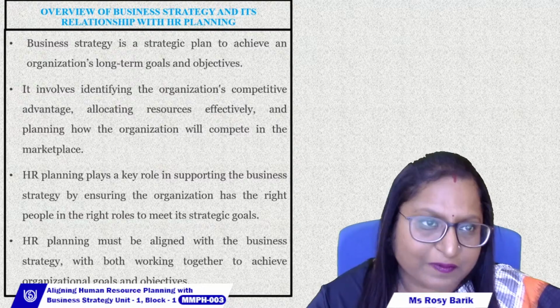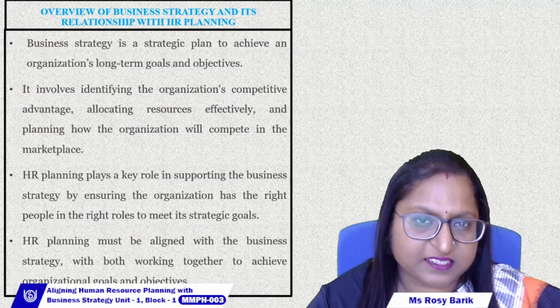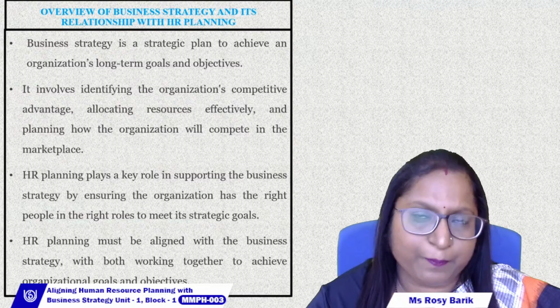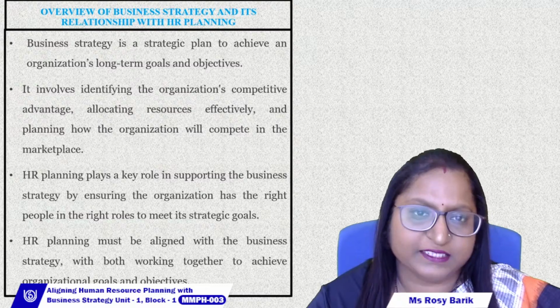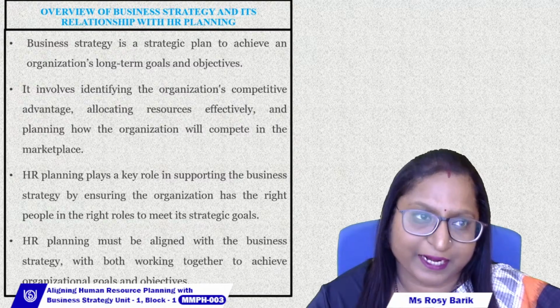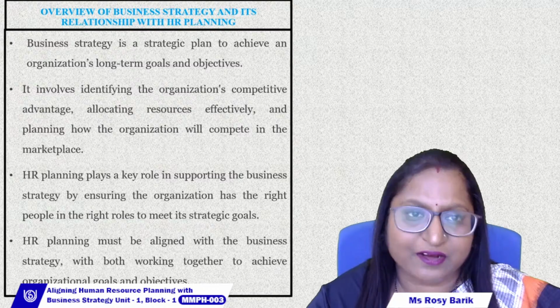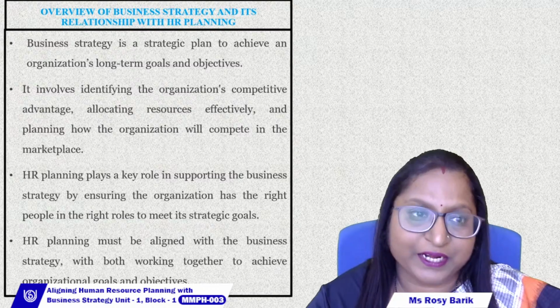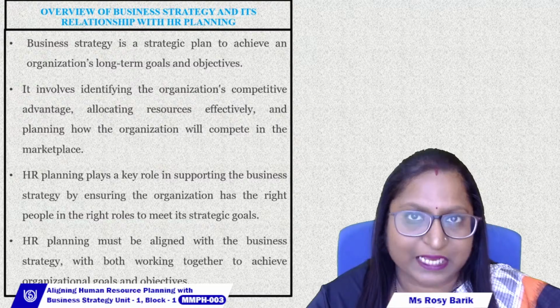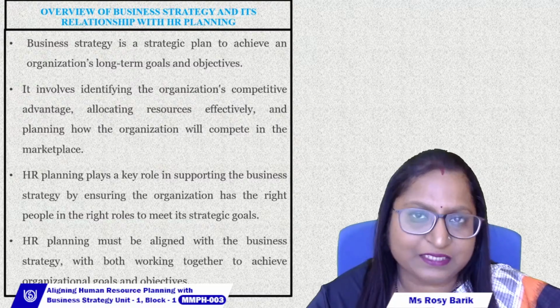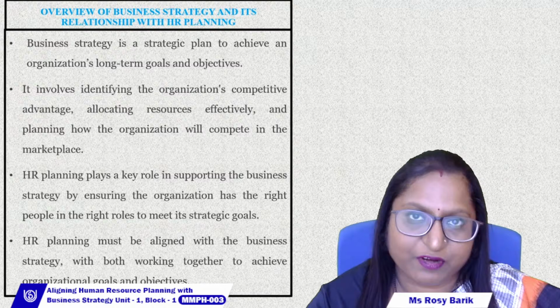It involves identifying the organization's competitive advantages, allocating resources effectively, and planning how the organization will compete in the marketplace. So it helps the organization compete in the competitive world, or we can say in the marketplace, or we can say the labor market.